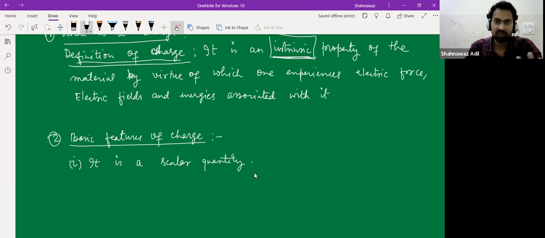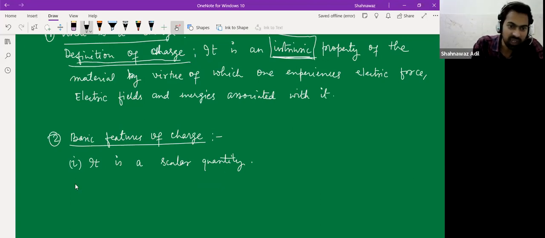It doesn't require direction or anything else. One example would be the temperature of this room, which can be represented by a number, let's say 25 degrees C. So any physical quantity which can be represented by some number is called a scalar quantity. So charge is a scalar quantity, and it can be represented by some number.